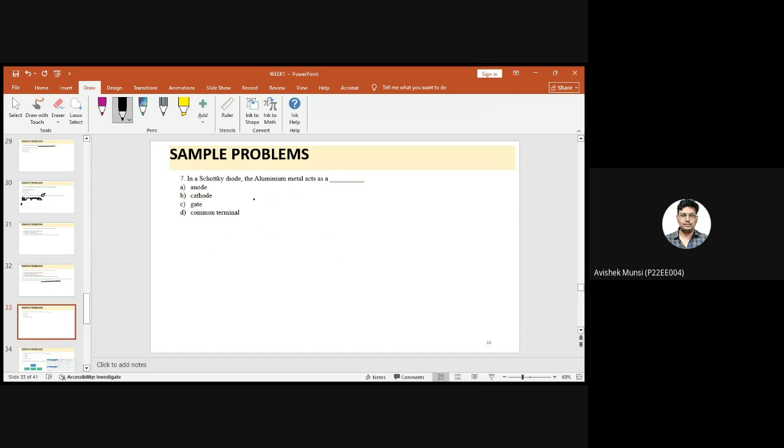So in a Schottky diode, the aluminum metal acts as anode, cathode, gate, common terminal. Okay. What will be the answer?